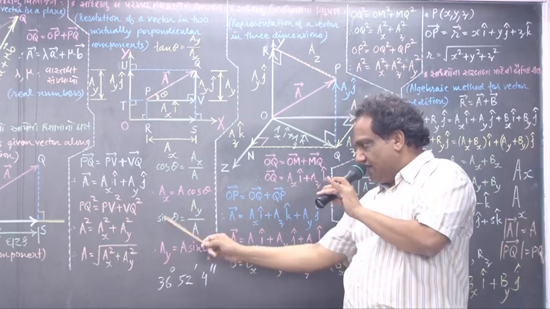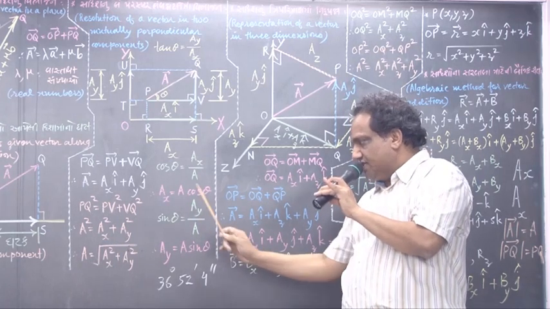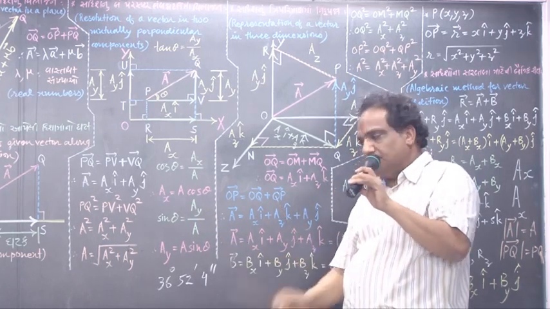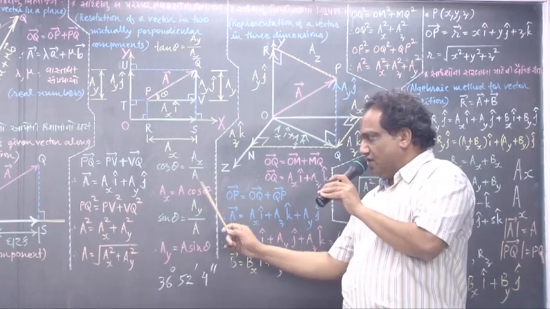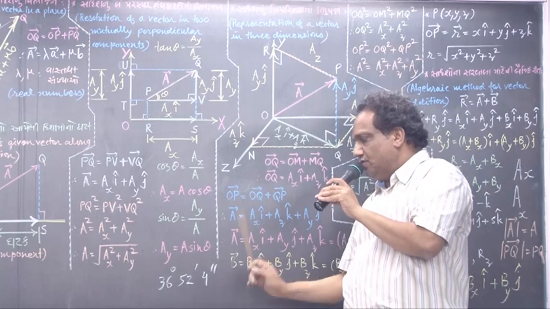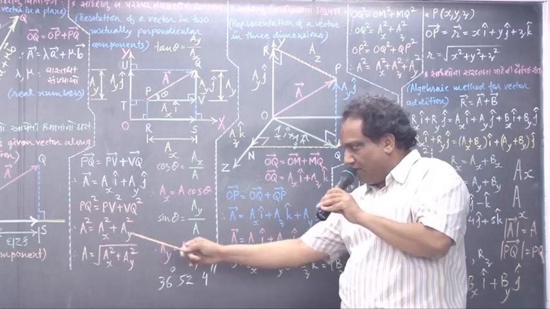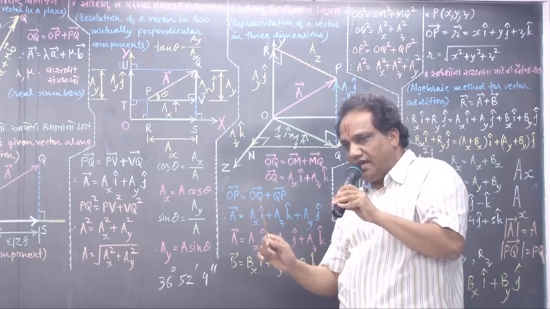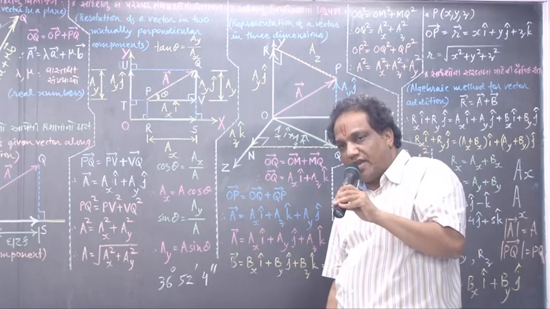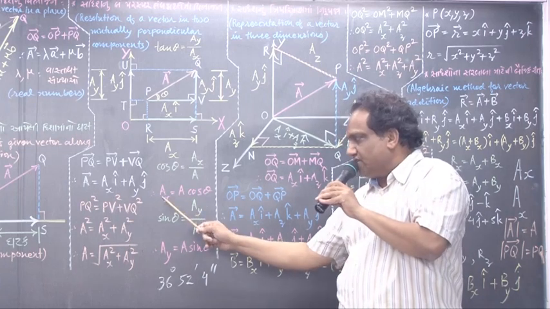Correct? Transfer this: AY will be equal to A sin theta. So AX equals A cos theta, AY equals A sin theta. Correct? You can obtain this formula from here also. How? Squaring and adding. Come on. What is AX square?